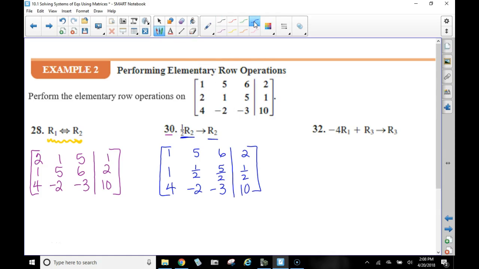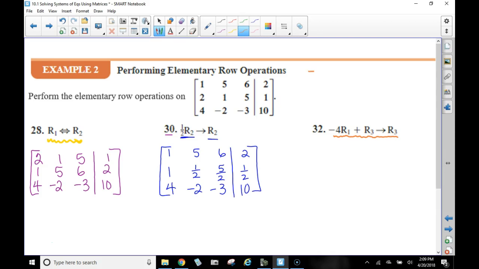All right, on number 32, the directions say we're going to take -4 times row 1, add it to row 3, and that's going to give us a new row 3. So the way I like to track those changes is to write this in vertical format.